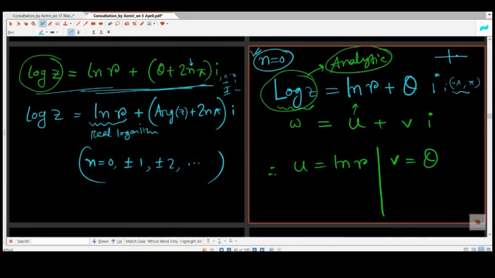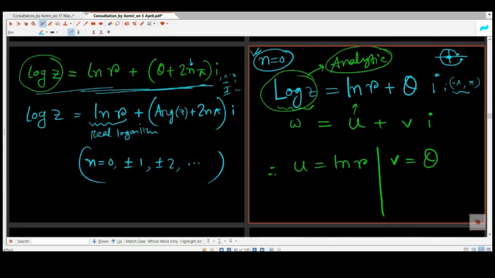Suppose we are making a rotation around this branch point. We have to stop here. Otherwise, if we make a complete rotation, then we will get a different branch. So at that time, the function will not be analytic. So that's why there will be no rotation.